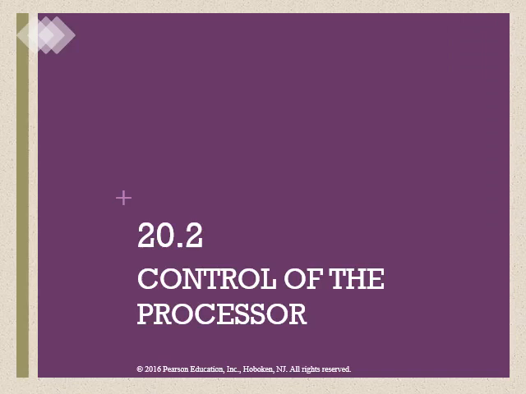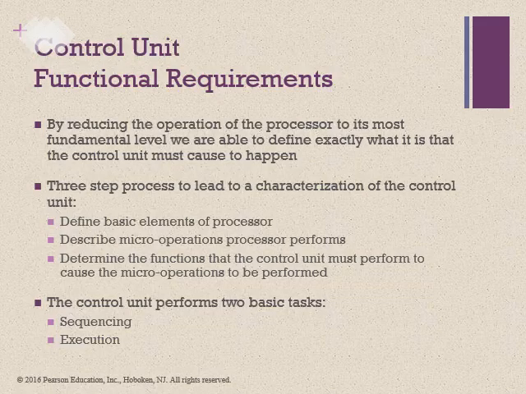(20.2) Control of the processor. As a result of our analysis in the preceding section, we have decomposed the behavior or functioning of the processor into elementary operations. What are they called? Correct, micro operations.